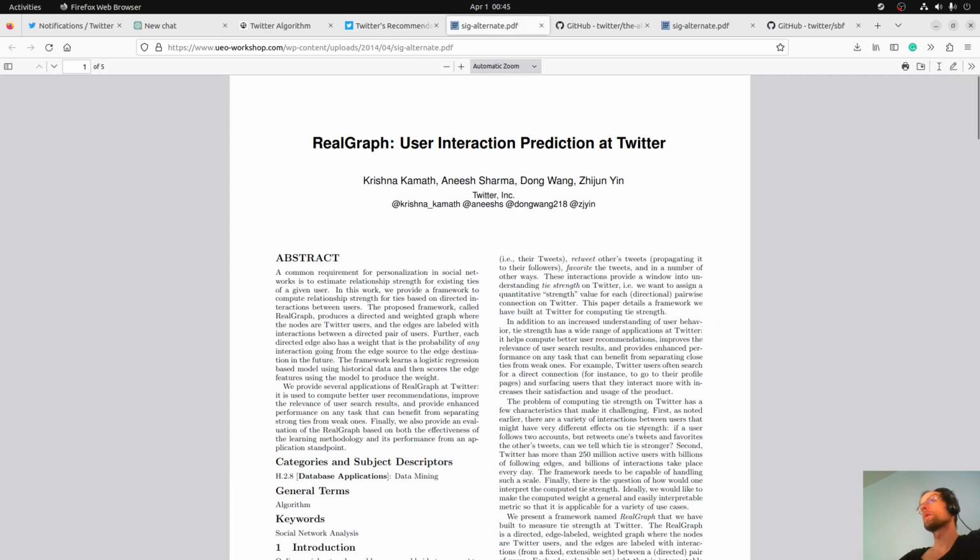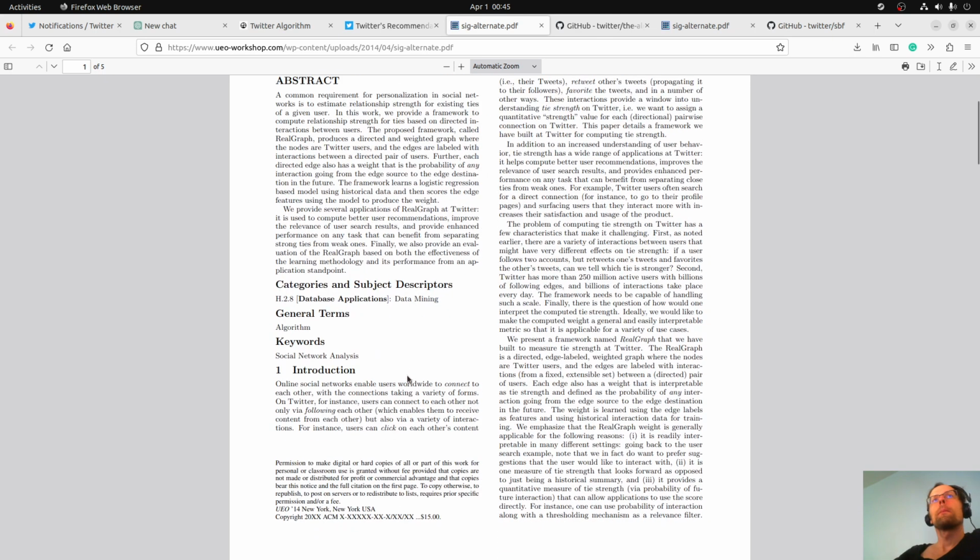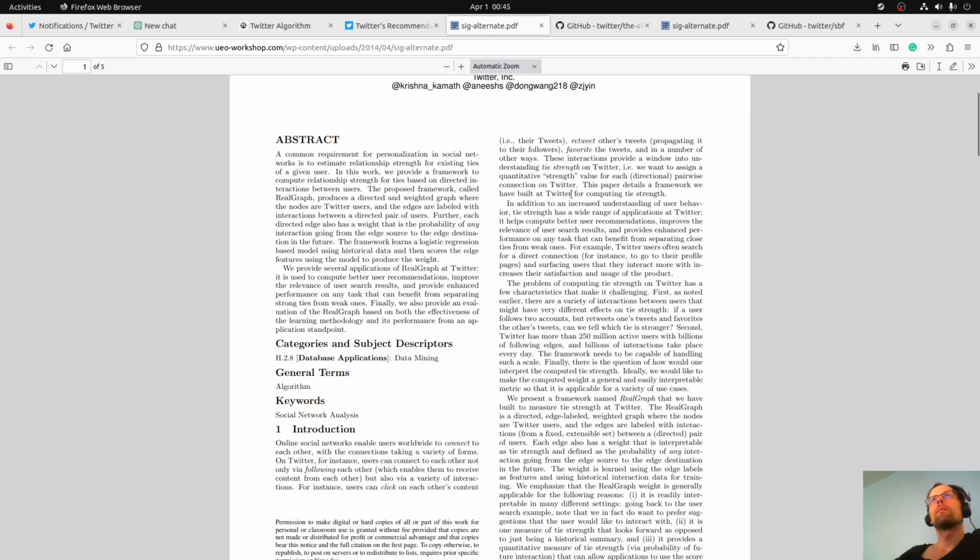Okay, let's look at this. These interactions provide a window into understanding the strength of relationships on Twitter. We want to assign a quantitative strength value for each directional pairwise connection on Twitter. I like this. Friendships are not the same, strengths are not the same.